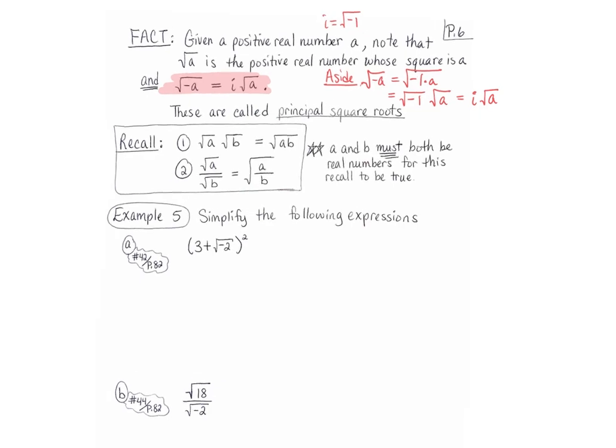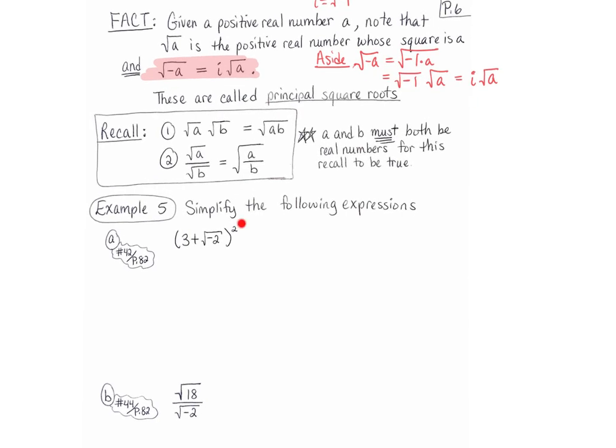So let's simplify the following expressions. Here we have the quantity 3 plus the square root of negative 2, quantity squared. So that means we multiply what times what? No, we do not multiply by the complex conjugate here.